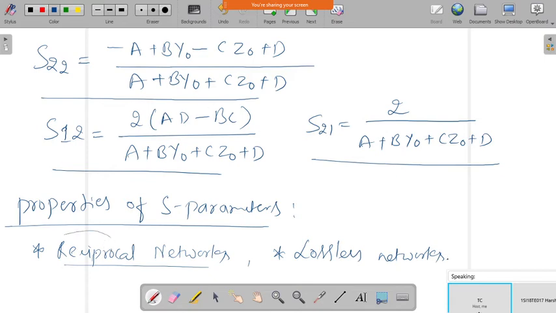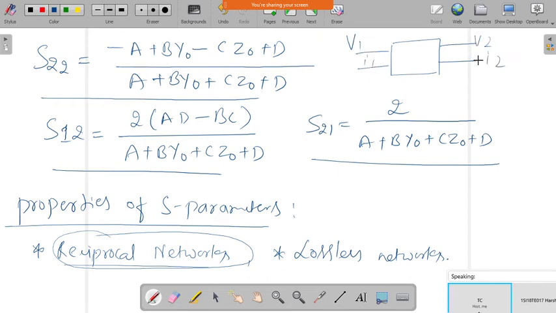Now we have already discussed the reciprocity theorem in network analysis. Whenever we have any network, for example if I take the 2-port network itself, where V1, I1 and V2, I2, there is a circuit within this block, let us say.